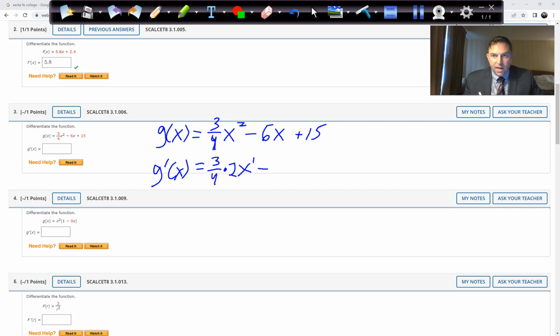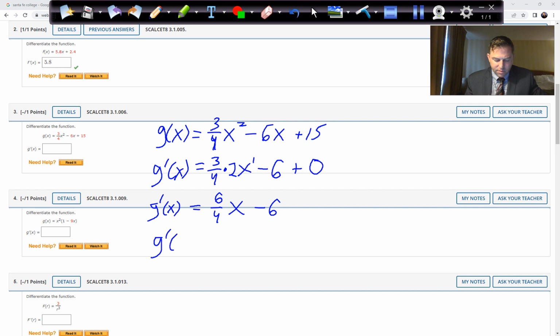And we recall from the last example we did that for negative 6x, the derivative would be negative 6, the number in front. And we recall that any constant becomes 0. So we've used all three rules right there for this one. Now there is a little bit of simplifying we can do. This would be 6/4. We don't usually write x to the 1, we'll just write it as x, minus 6.